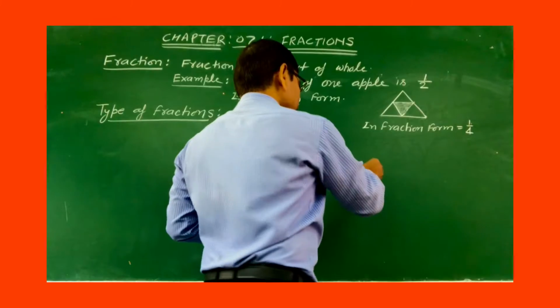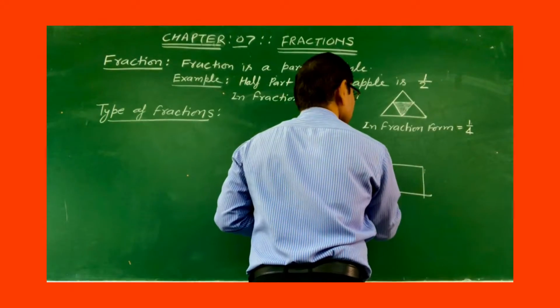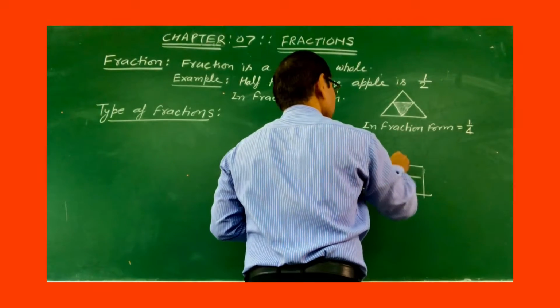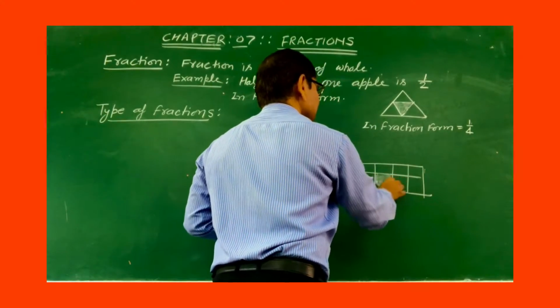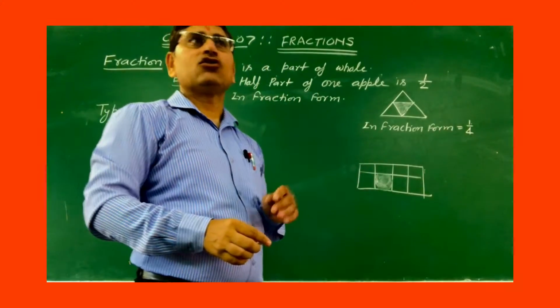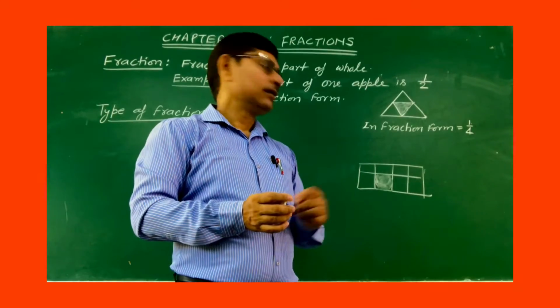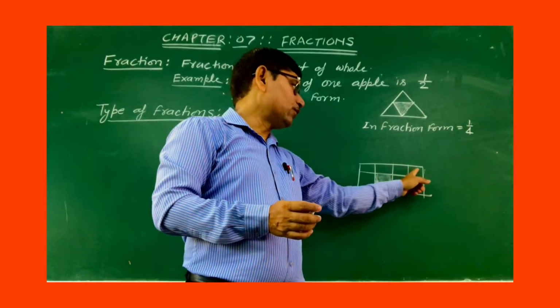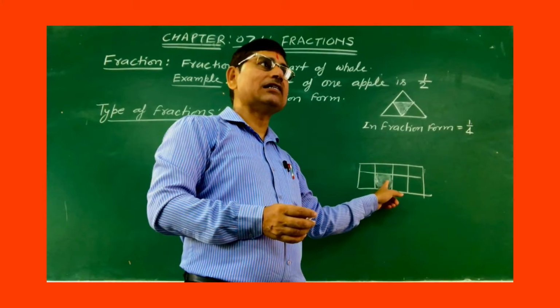Okay? But let us take this diagram, and now I want to represent this shaded part. So what is the shaded part? Can you say? 1, 2, 3, 4, 5, 6, 7, total 8 parts, and one part is shaded.